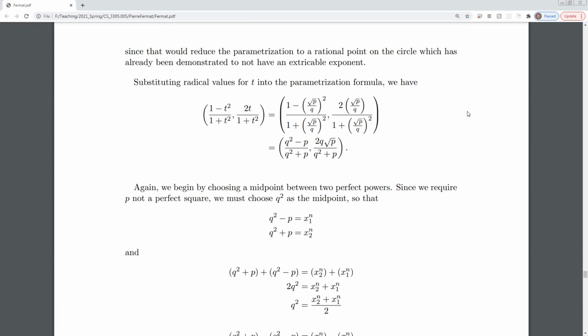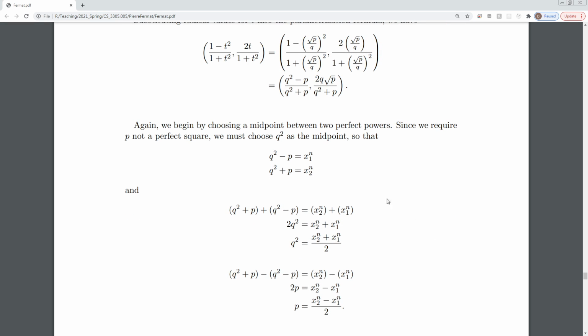Okay, so again, we use the parametrization formula. So rational inputs give you rational outputs, and radical inputs will initially give you radical outputs, but we're looking at squaring these terms. Okay, so now we can't use p squared anymore, because once we've made our substitution, we have this. And so as a result, rather than using q as our midpoint, we're forced to use q squared as our midpoint.